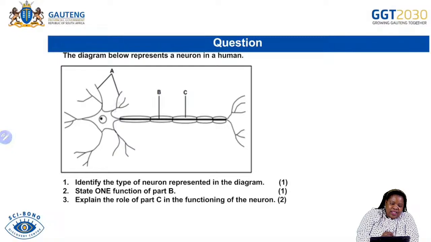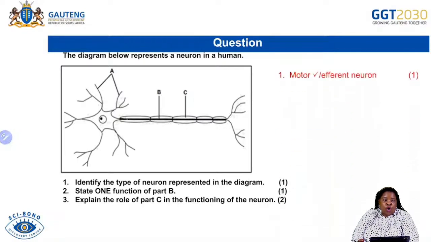The position of the cell body is at the beginning of the neuron, not in the middle, and here we've got terminal dendrites. The type of neuron given is a motor, or efferent, neuron. What will assist you there is the position of the cell body.